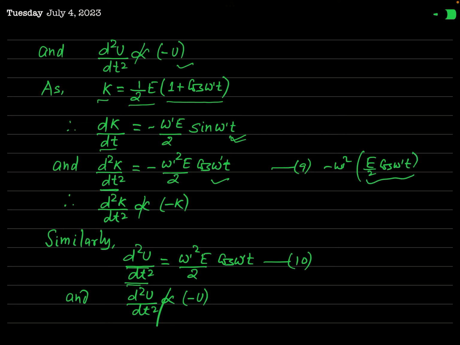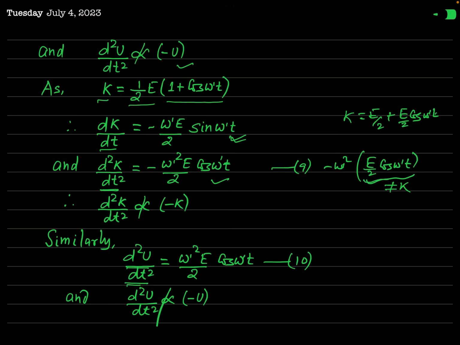Is this expression e by 2 cos omega prime t equal to k? The answer will be no, because you have seen that k is equal to e by 2 plus e by 2 cos omega prime t. So this expression is not equal to k. If it were equal to k, then you could say that d2k by dt square is proportional to minus k.